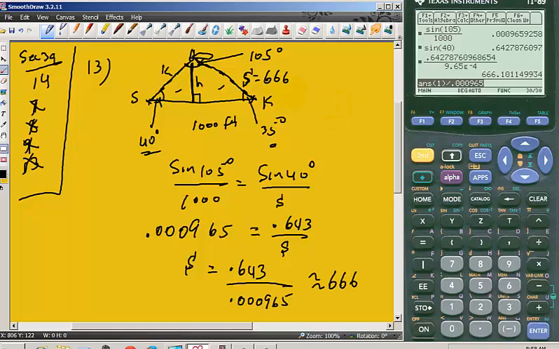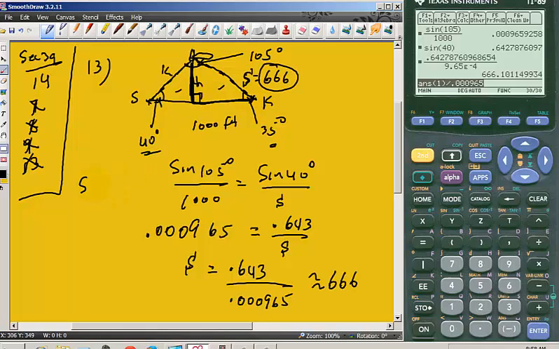Now I have a right triangle. I can use the right triangle and solve this height. This is my hypotenuse right here, and this is my opposite side of this triangle, and it's a right triangle.